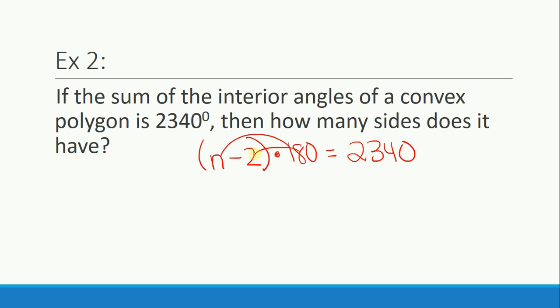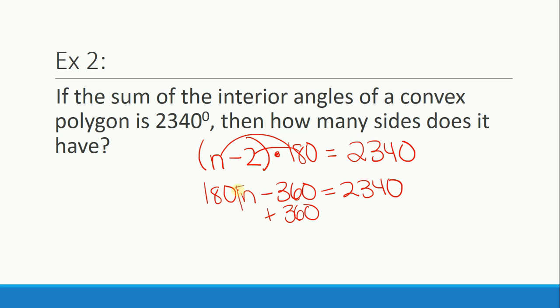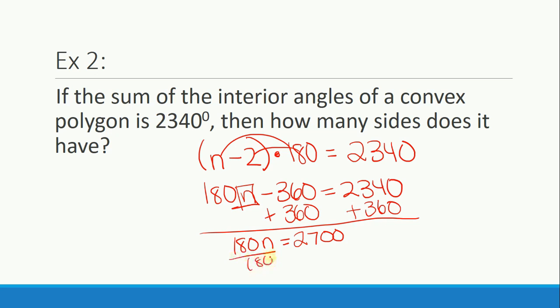I could distribute the 180 in, so I'll get 180n minus 360 equals 2,340. Looks like I have to add 360 because I'm going to solve for n, right? So I'm going to add 360. 180n equals 2,700. Divide by 180.